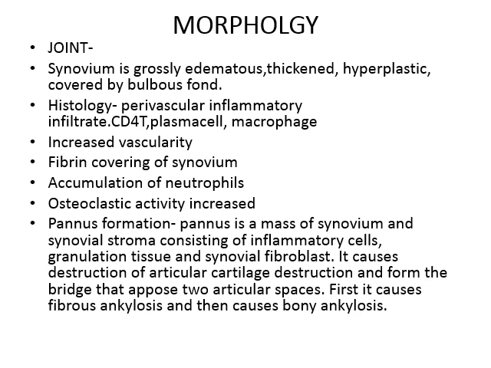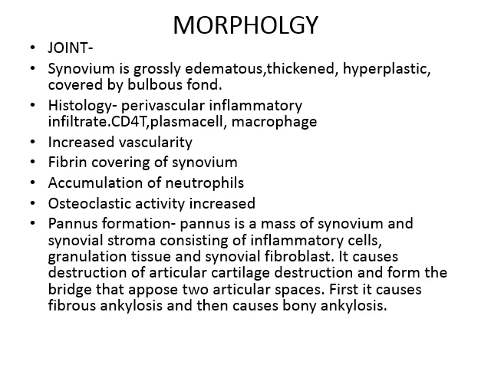Now, the morphology. As the joint is the mostly involved organ in this disease, we discuss the joint first. The synovium is grossly edematous, thickened, hyperplastic, covered by bulbous fronds. Now, histologically, we get perivascular inflammatory infiltrate.